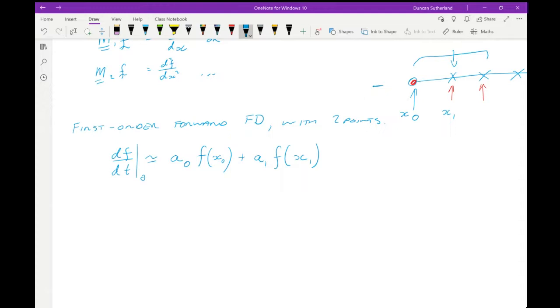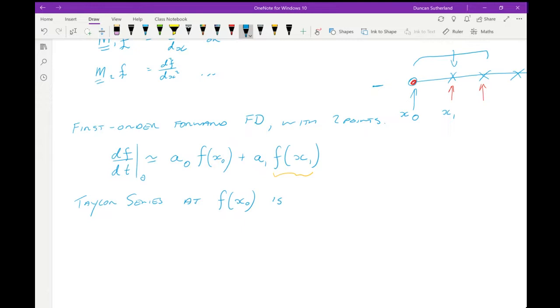And we're going to use a Taylor series again. We're going to pretend that we know everything about x0, and we're going to expand this one.